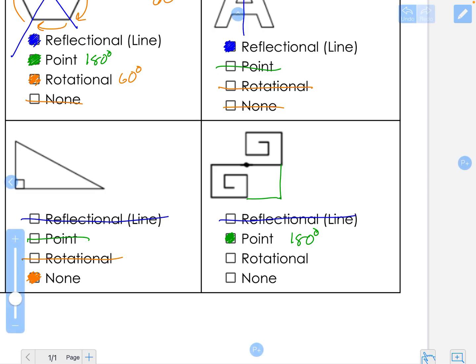So if I turned it 90 degrees, nope, it still wouldn't work. If I turn it upside down, it's good, but it would be on the wrong side. So this does not have rotational symmetry, or if it has rotational symmetry, it is technically at 180 degrees. So we could put an asterisk there that its rotational symmetry would be 180 degrees, which is the exact same thing as point symmetry.